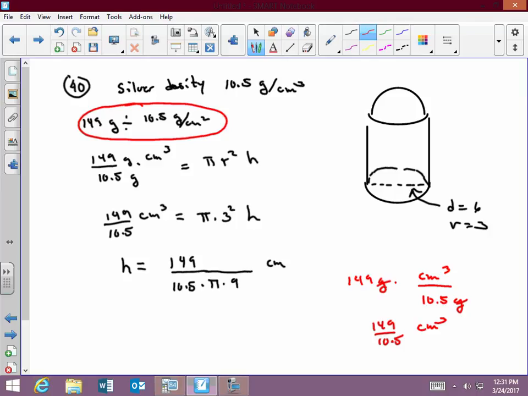Then I'm putting that volume right there, equal to pi times r squared, and h I don't know, and that'll be the height that the glass rises. That makes sense? Mm-hmm. So now, if I do 149 over 10.5 times pi, divide by pi and divide by 9.